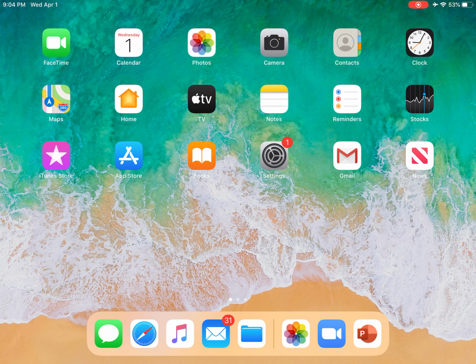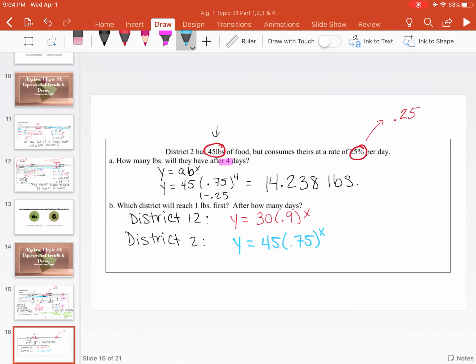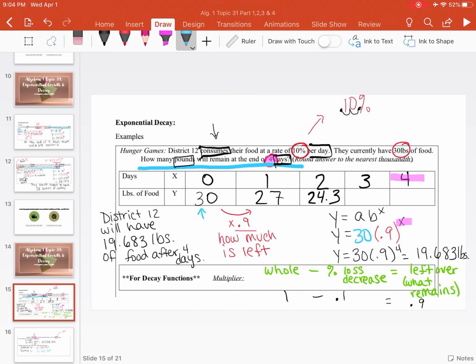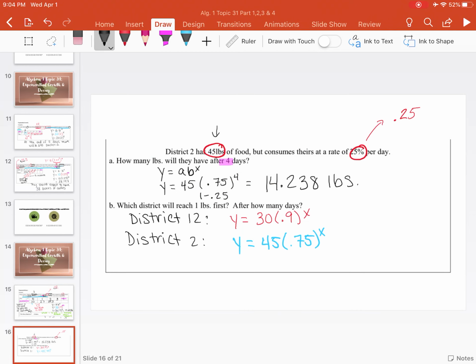Now, looking at my problem, I want to identify which district will reach 1 pound of food. And if we look back here, we know that pounds of food is represented by y.